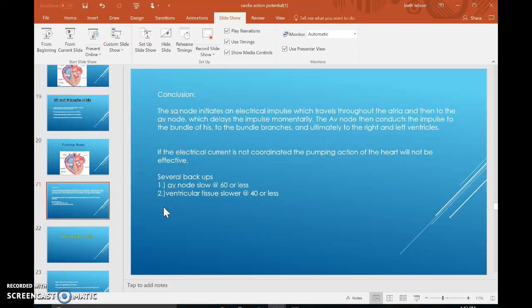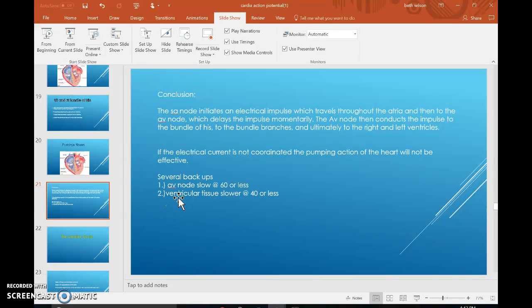So again, the backup system: the SA node initiates it. If the SA node fails, the AV node picks it up, and the AV node is the one coordinating the contraction. Your heart rate will be at 60 or less from the AV node.